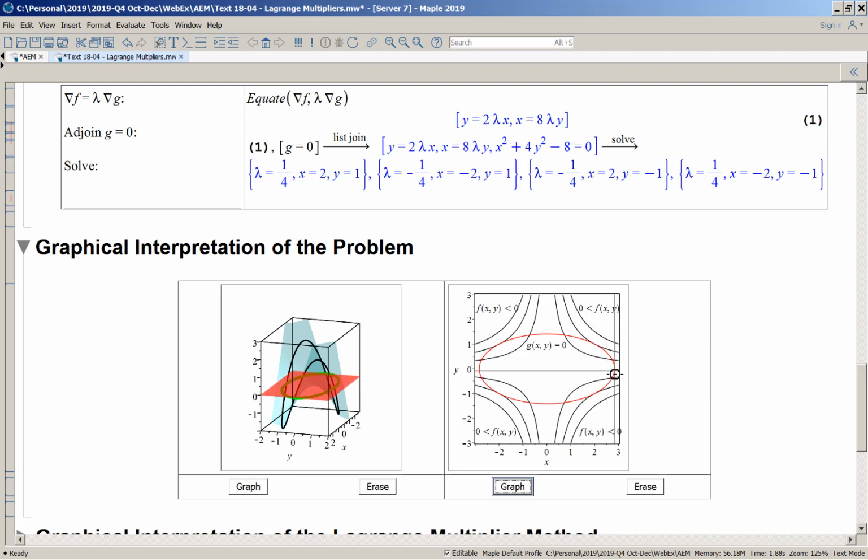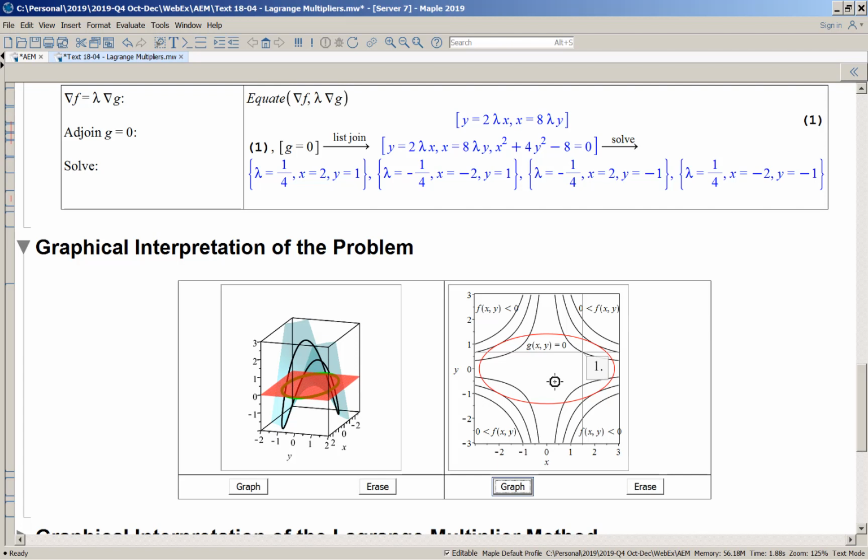So as you traverse the red curve, you get f equals 1, f equals 2, and back to 1. So right there at that point of tangency is a turning point. That's where the extreme value occurs. So this graph says the extrema that you want are at the points of tangency.